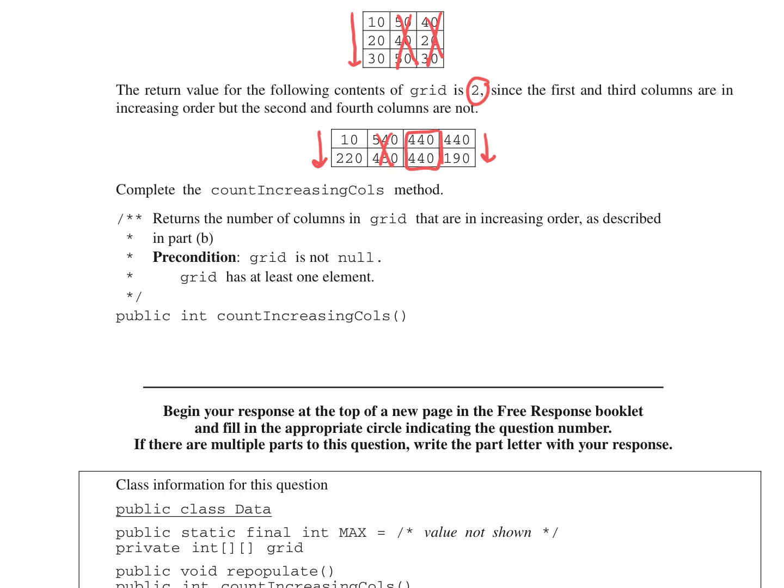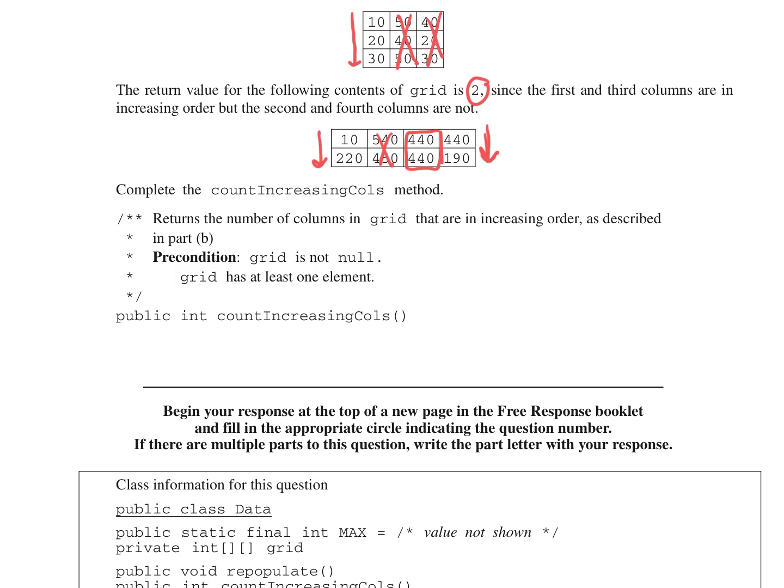So we're going to fix a column, traverse a row, so we're going to have to do column major, and all we need to find is one element that does not increase, change our Boolean to false, and after we get through all the rows, if it's false, you're not going to increment.